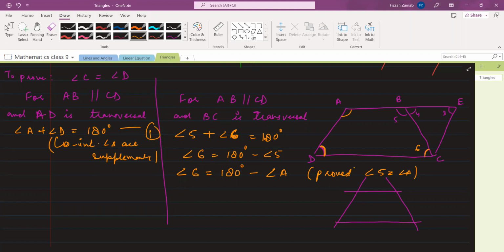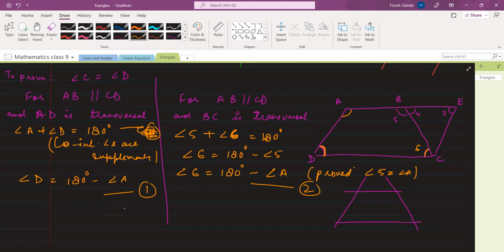From here also, don't call it 1, you can bring it into this form, 180 degree minus angle A. Then you can call it 1. Why? Because RHS now is same for both. This is equation 1 and this is equation 2. Isn't it?